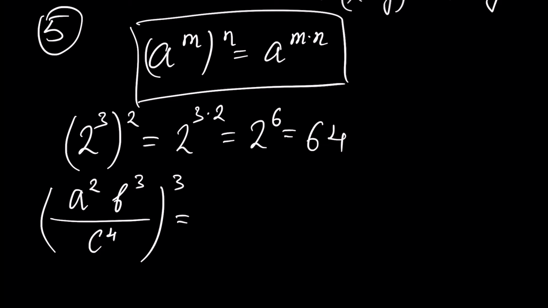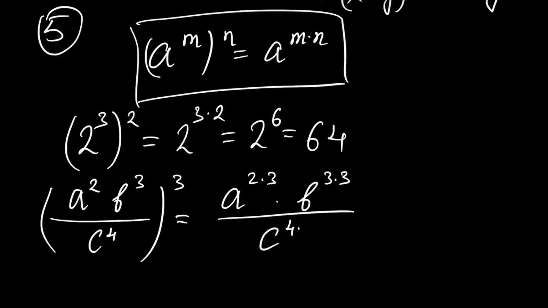So in this case, we have a to the power 2 times 3 times b, we can write dot, or we can avoid it, b to the power 3 times 3 divided by c to the power 4 times 3, or this is a to the power 6 times b to the power 9 divided by c to the power 12.